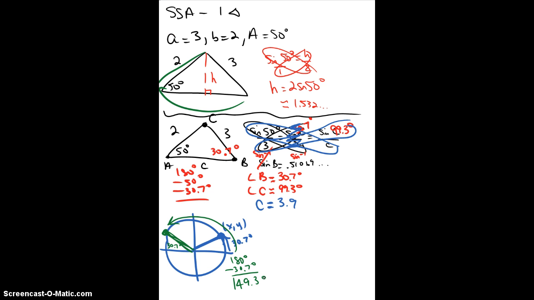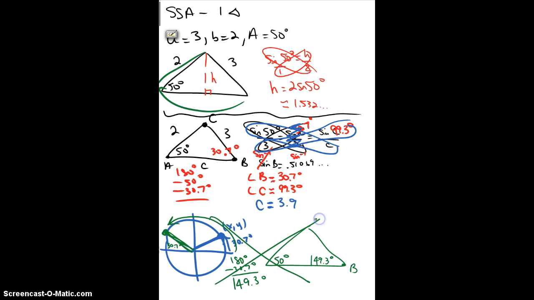Well, that's a slight problem, because if you look at our triangle, we already know that this guy's 50 degrees. And so now I am saying that angle B, which is over in this corner, is now 149.3. Well, we know there's only 180 degrees in a triangle, so obviously this is not going to work.